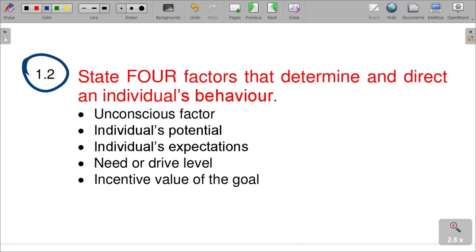There are unconscious factors. There is an individual's potential, how a person has the capacity to do something. The capabilities that an individual has will directly affect a person's behavior. Obviously, somebody who is quite experienced, flexible, creative and versatile can be not confined, and can spread individuals' expectations.